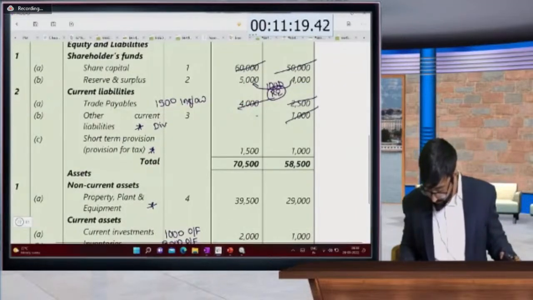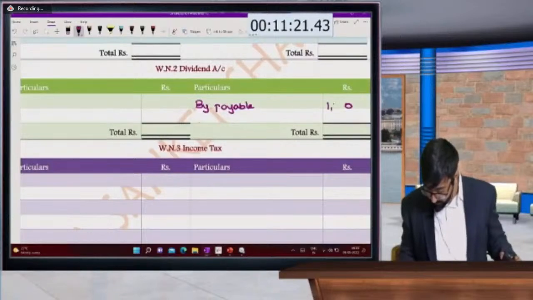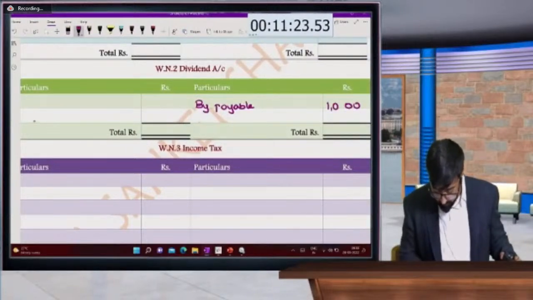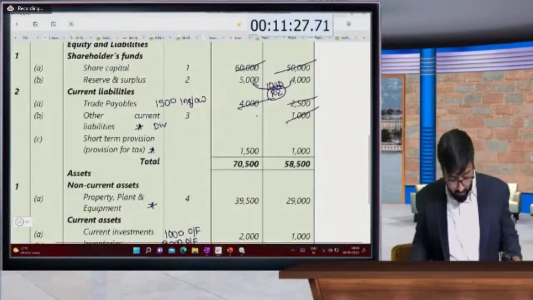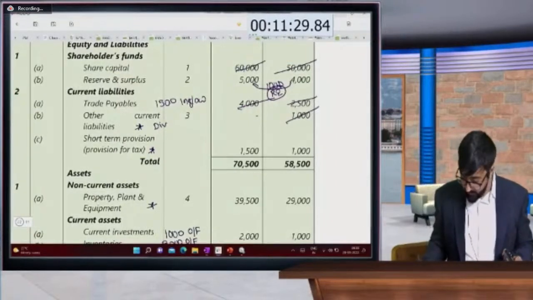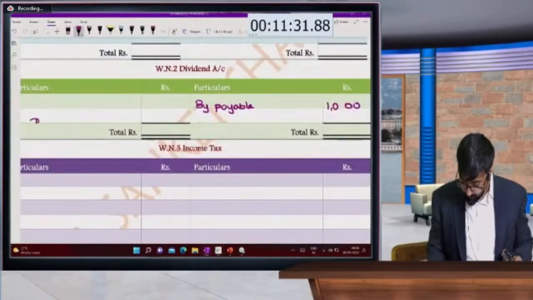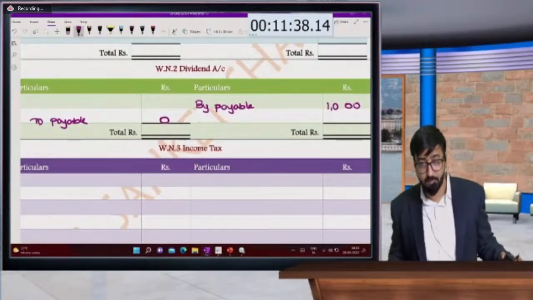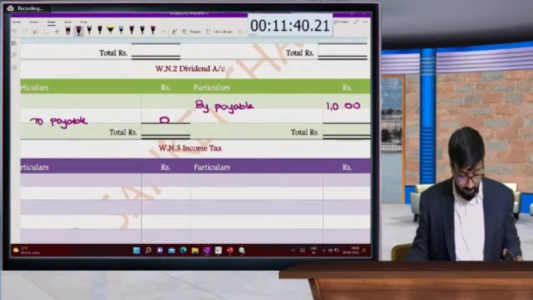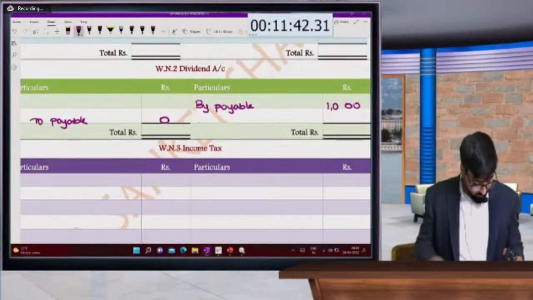Okay, so by payable is 1,000, only first line. And to payable, I think it's 0, on the last line. Okay. Next.